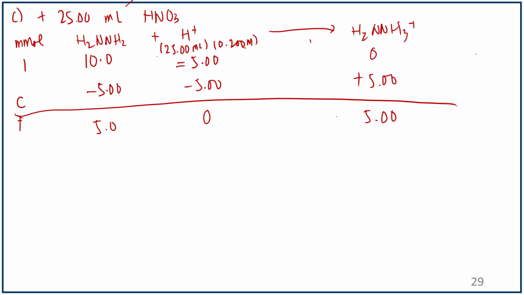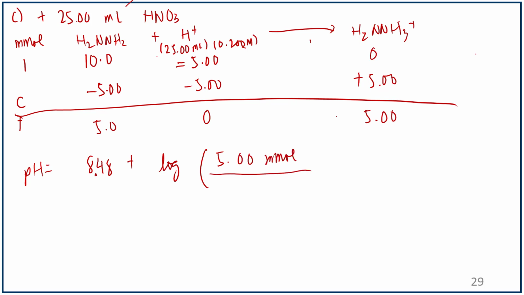Okay, so therefore here the pH of the solution should be 8.48, that's the pKa we have calculated already, plus log of 5.00 millimoles for hydrazine, divided by 5.00 millimoles from hydrazonium.